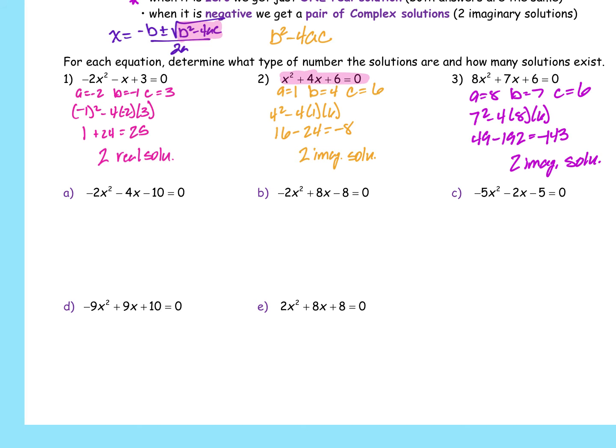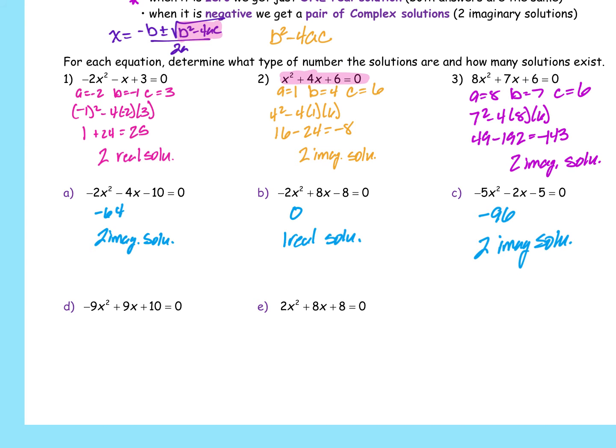So for A, I think my discriminant is -64, which means I have 2 imaginary solutions. And then for B, my discriminant is 0, so I have 1 real solution. And then for C, it's -96, so I have 2 imaginary solutions.